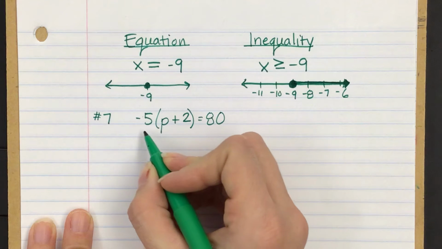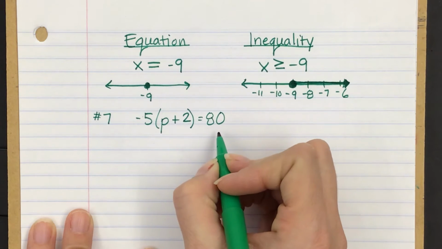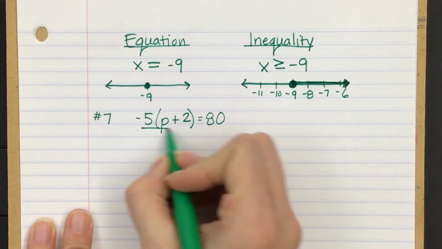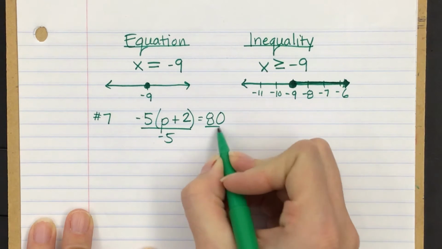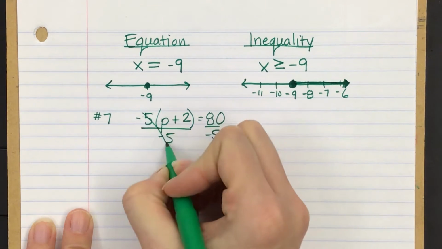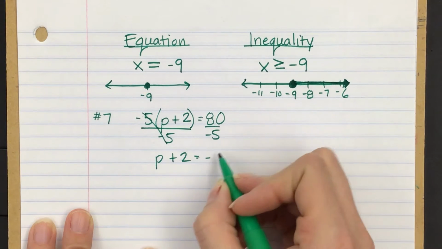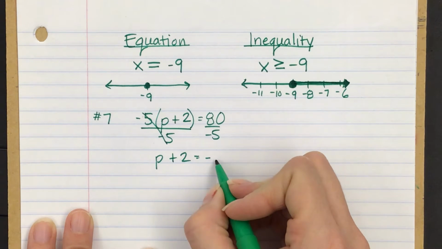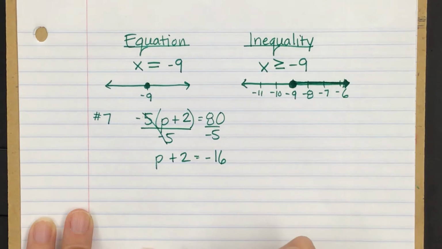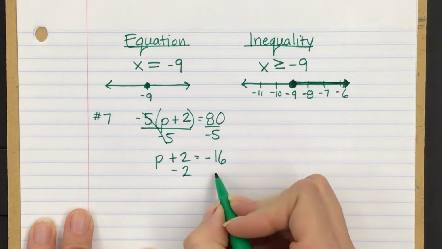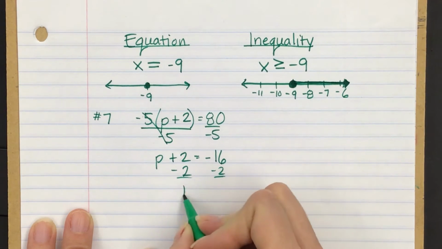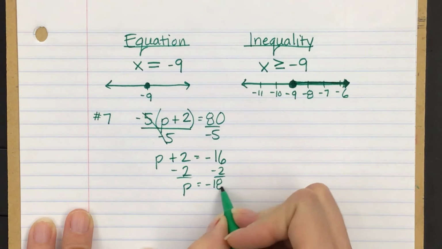We can divide both sides by -5 and just get rid of it right off the bat. And you'd be left with p plus 2 is equal to, what is that, 16? Yes. And then I would subtract 2 from both sides, and I would get that p is equal to -18.